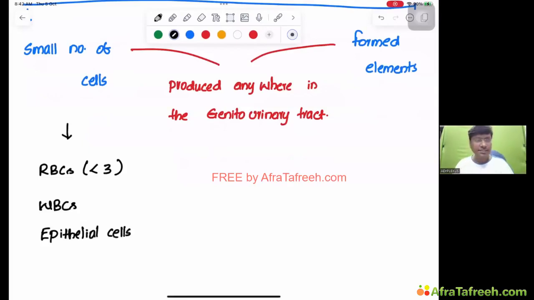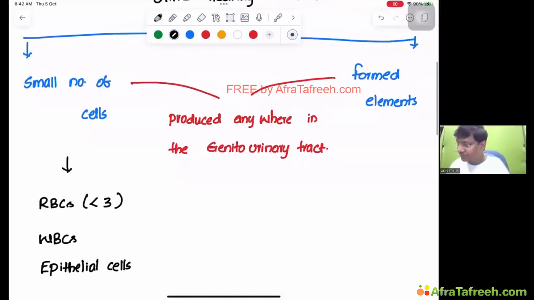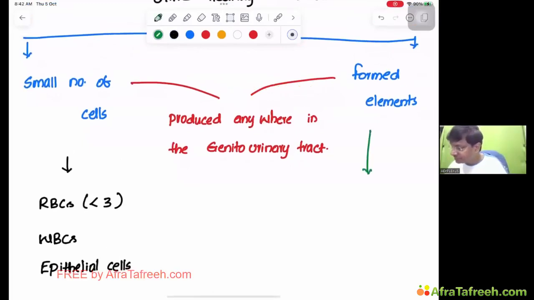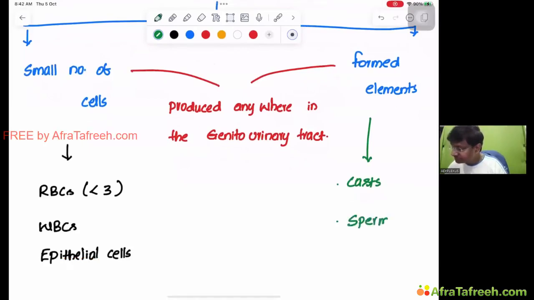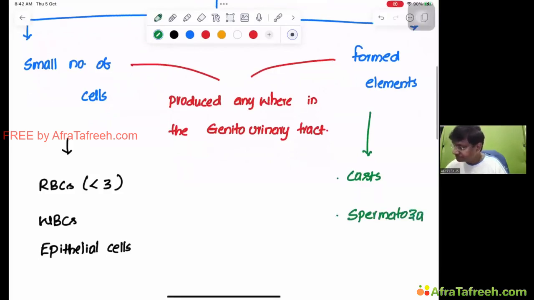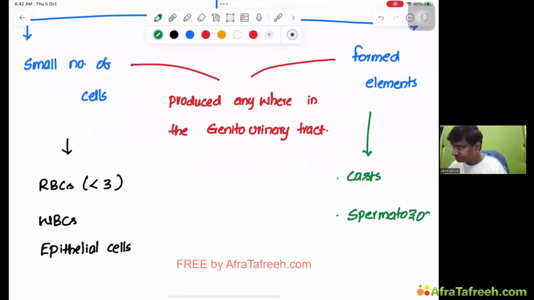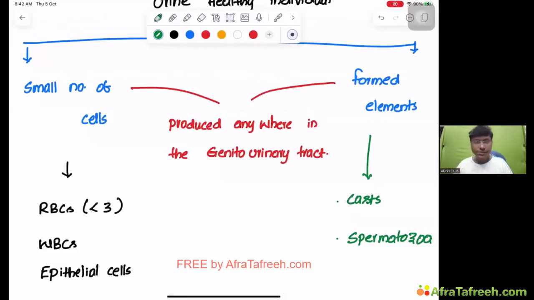So these are the cellular components in a normal urine analysis. Whereas the formed elements, what would they be? This would be casts, right? Or even spermatozoa in males. Okay, this is what the normal urine analysis will be.